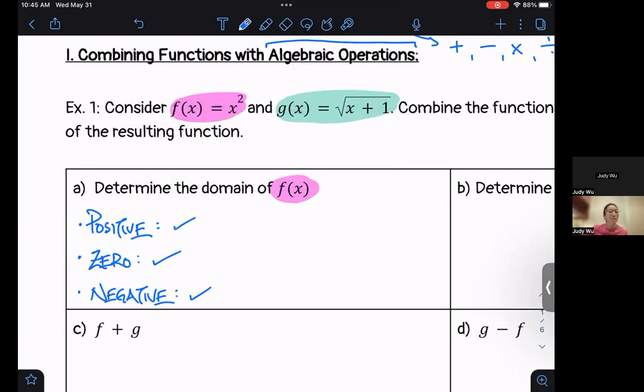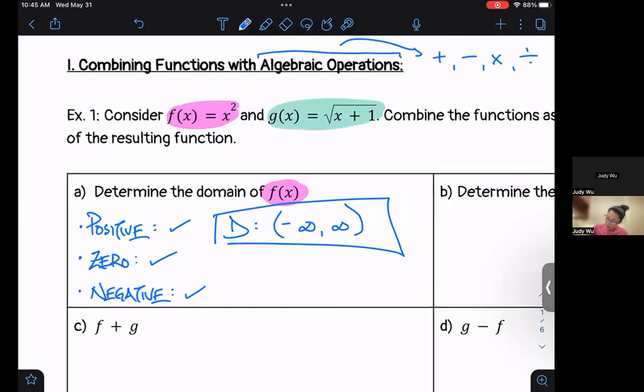Yes, we can. In fact, we know the square of a negative number is a positive number. So since we can plug in any number we want, we say that our domain is all real numbers, from negative infinity all the way to infinity with parentheses. So here we have our domain for f of x.